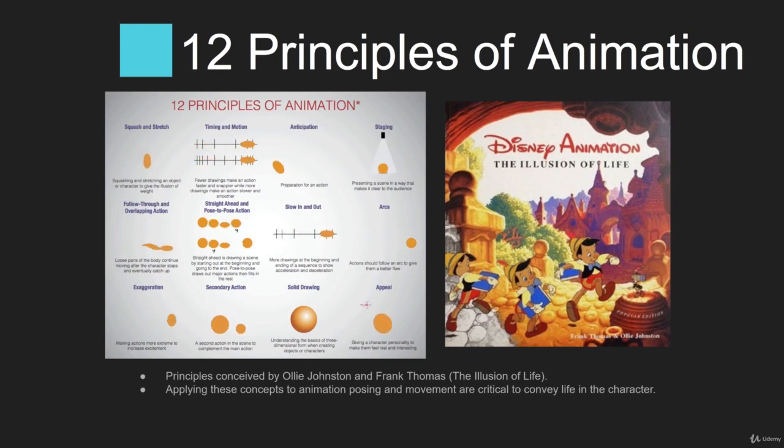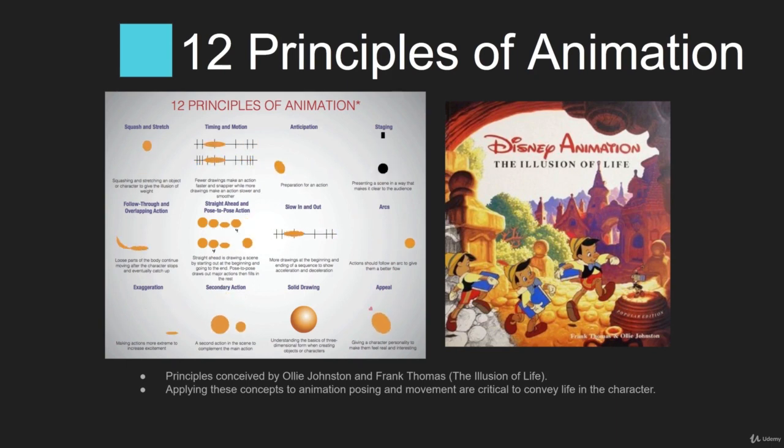For staging, it's a little bit more towards the cinematic presence of when you're making a movie or other types of animations. Basically, you want to make sure that your camera and your character are presented in a way that is appealing and easy for the user or the viewer to understand.